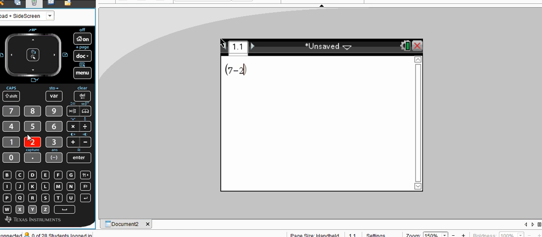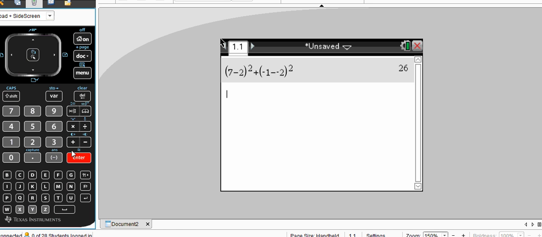So I want to do 7 subtract 2, and I want to square it. To that, I want to add a -1 subtract a -2 squared. You should be entering this on your calculator at home just the same as I'm entering it on my calculator here.